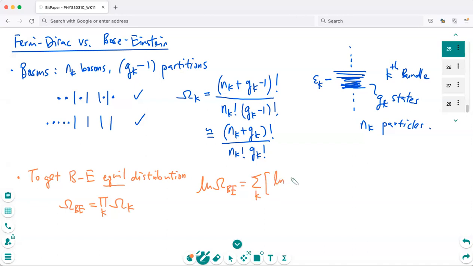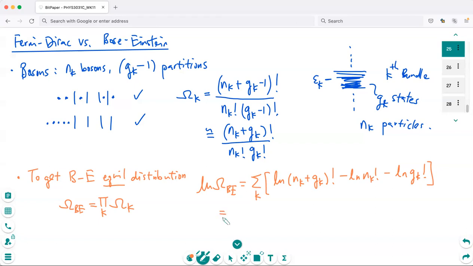Sum of log of (n_k plus g_k) factorial, minus log of n_k factorial, minus log of g_k factorial. I'm going to do this once only. You will do the Fermi-Dirac yourself in the assignment. The steps are completely parallel.